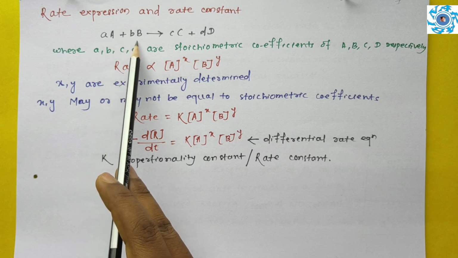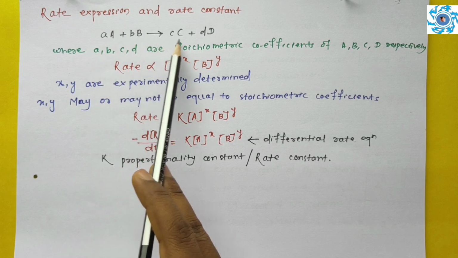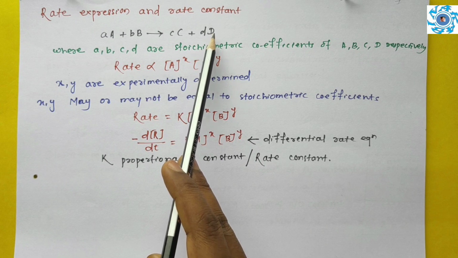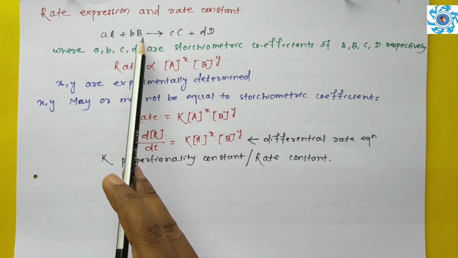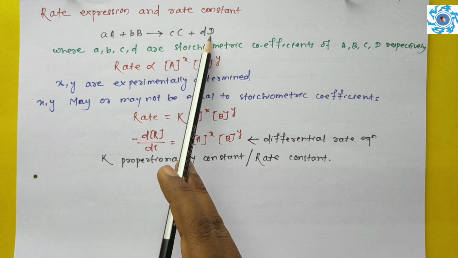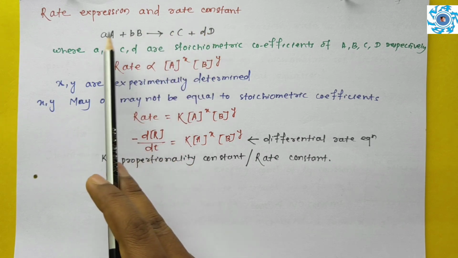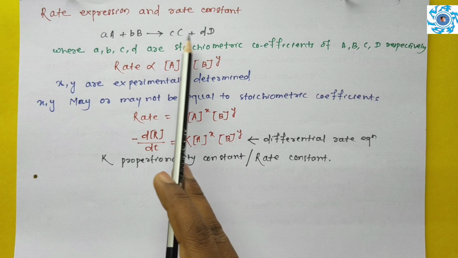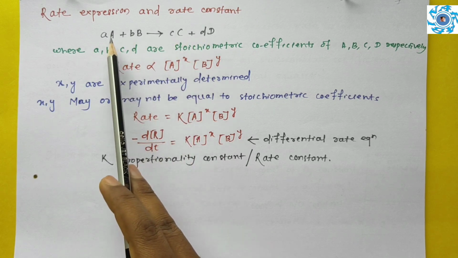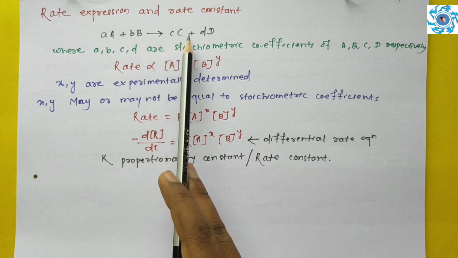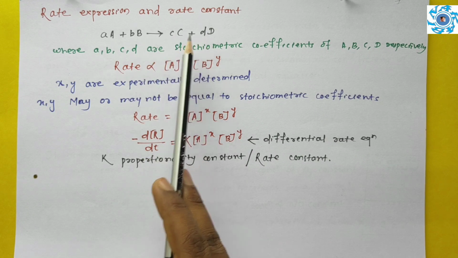aA plus bB gives rise to cC plus dD, where A and B are reactants and C and D are products. a, b, c, d are stoichiometric coefficients of capital A, capital B, capital C, capital D respectively.